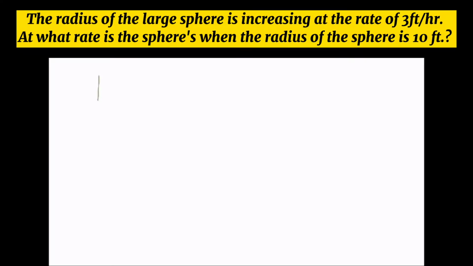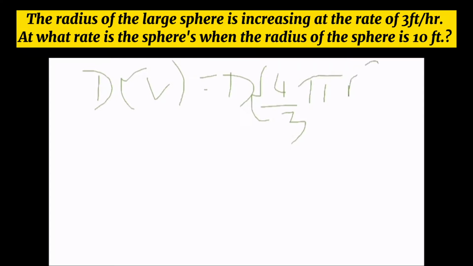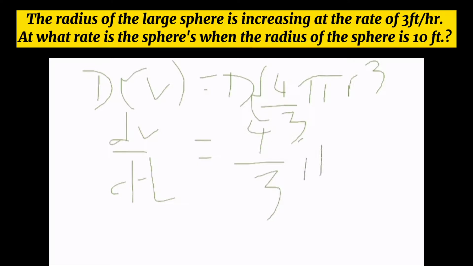The derivative of V is equal to the derivative of 4 over 3 pi r cubed, so dv over dt is equal to 4/3 pi times 3 r squared dr over dt.